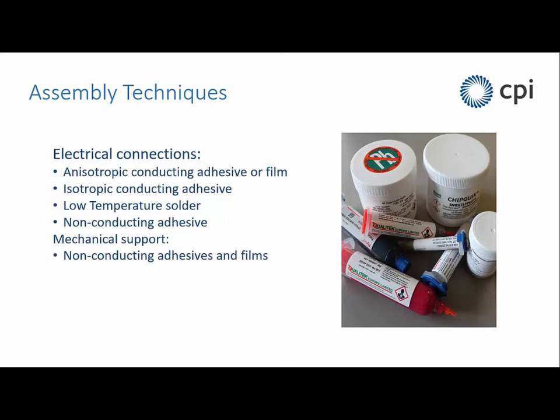But the other aspect of this is not just the conductors and making the contacts. You have to have a mechanical strength in your assemblies. Because they are flexible, you've got to make sure the components will stay put. And so the non-conducting adhesive and films are tremendously important as well.